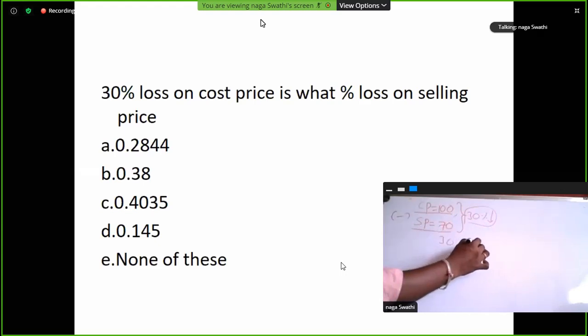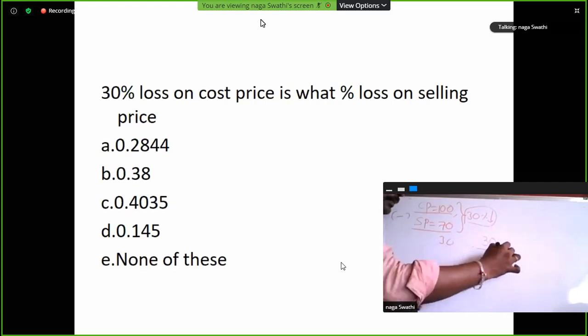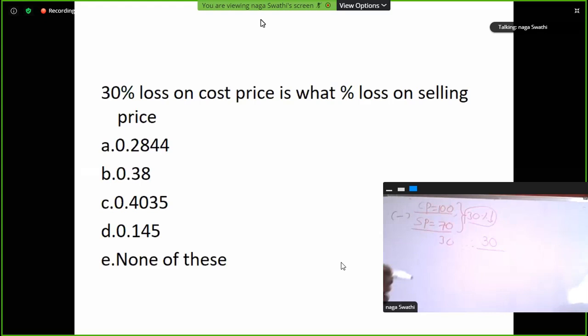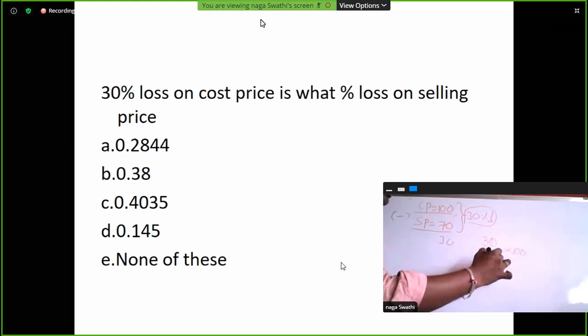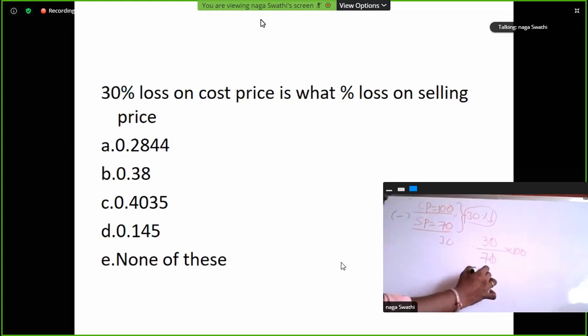Okay. So 30 rupees loss, ma'am. 30 loss on selling price. So here what is the selling price, ma'am? 70 into 100. So 300 divided by 7.